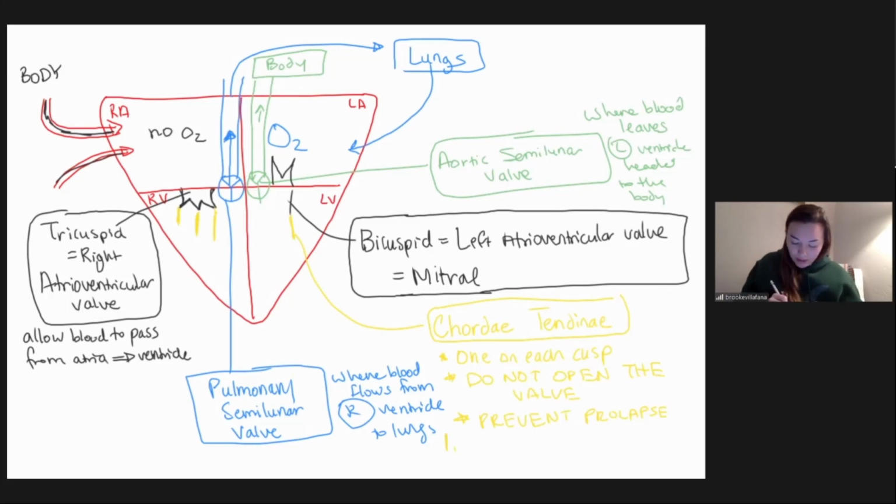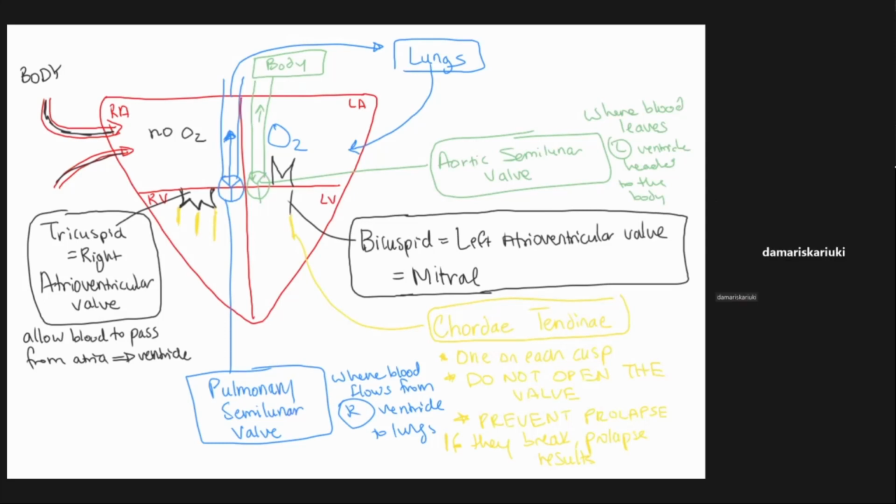So if they break, prolapse results. And yes, you do need to know about prolapse for your test. That's not just something off to the side. If a chordae tendineae breaks, you need to know that prolapse results from that. And we'll talk about partial prolapse versus complete.